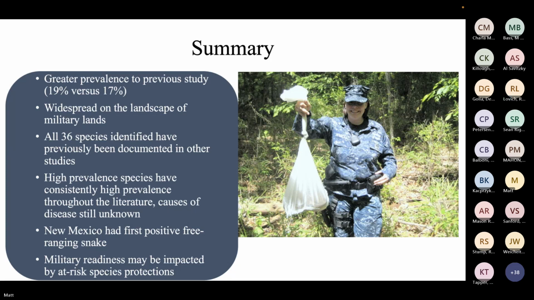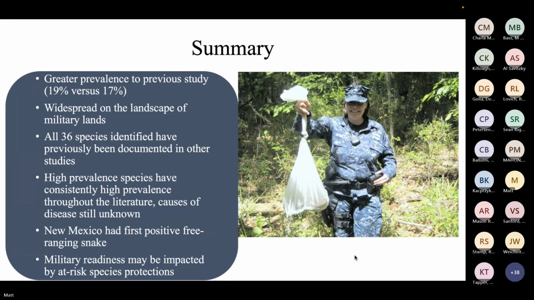We got first positive in New Mexico, and we should all be aware to keep an eye on our snake populations on military lands so that those declines do not result in a pinch on the military mission through further necessary protections. What can we do going forward? Document, be aware, and report it back and report it up.